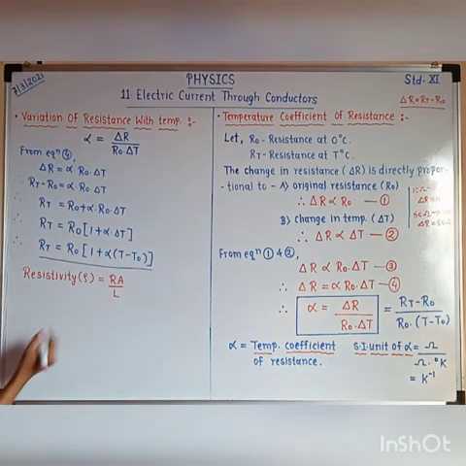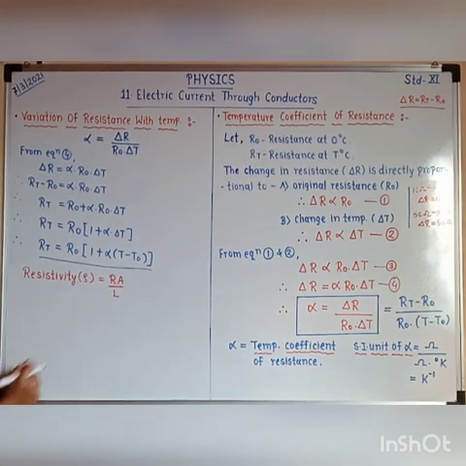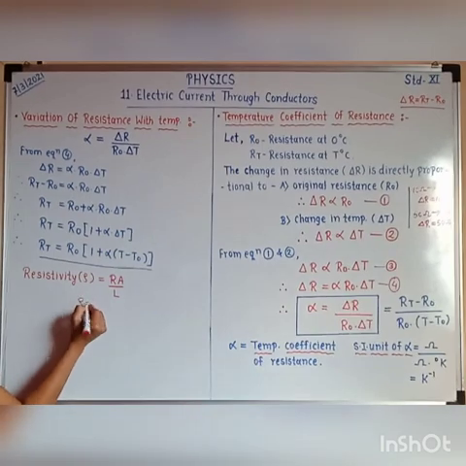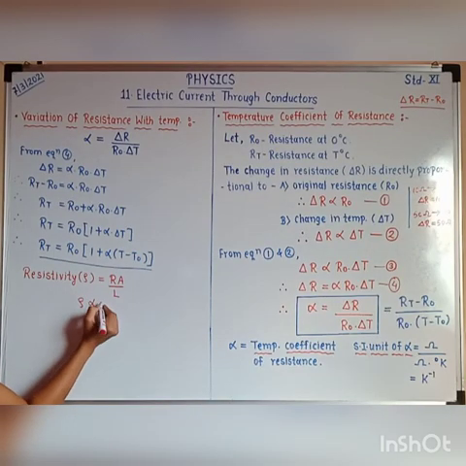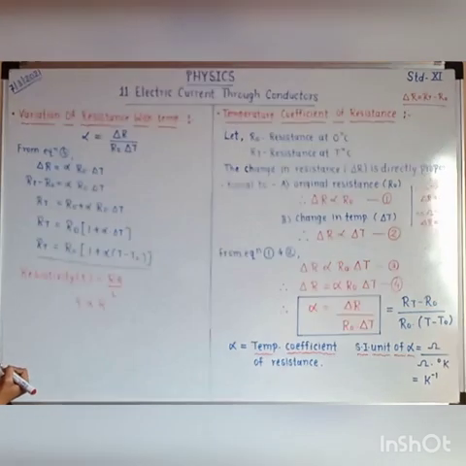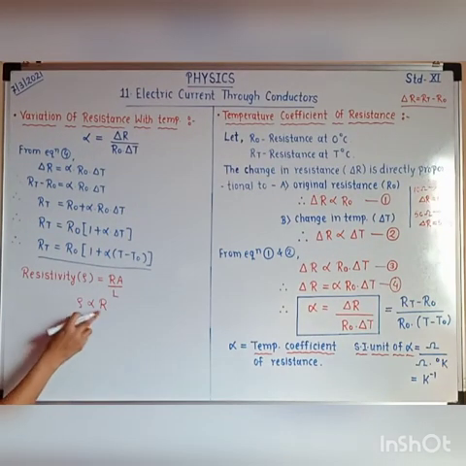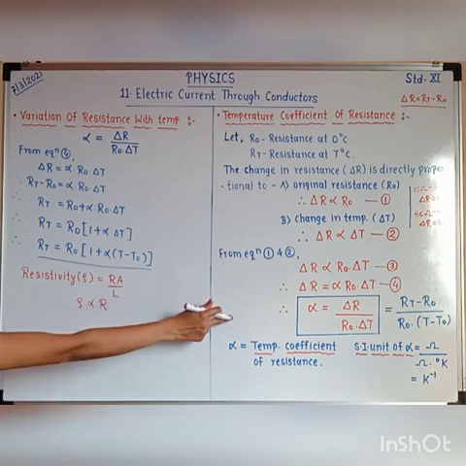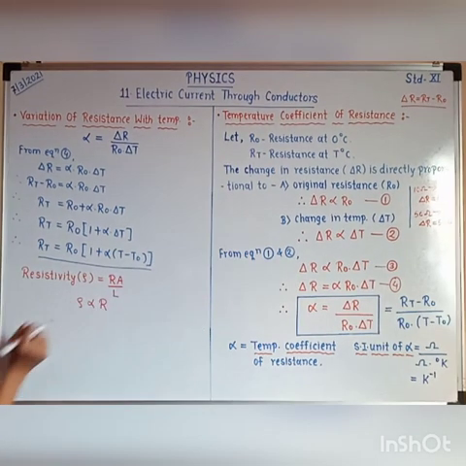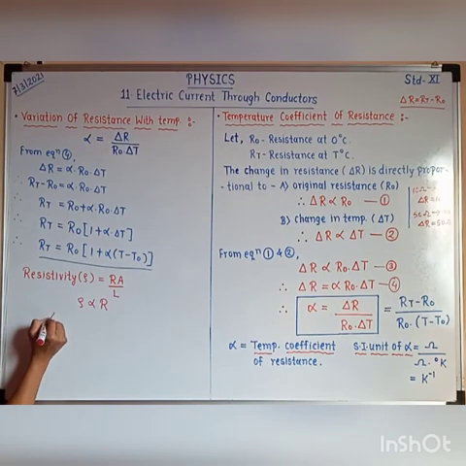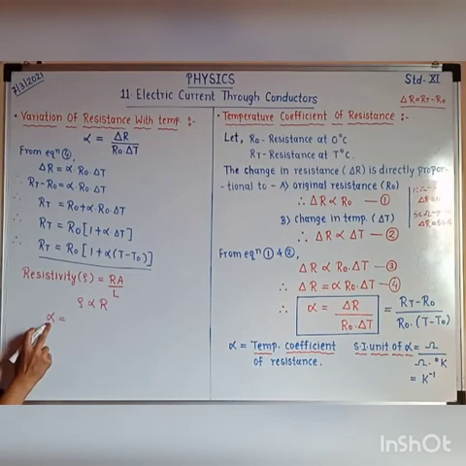So from the above equation we can write that the resistivity of the material is directly proportional to the resistance of the material, so this rho is directly proportional to R. So from this equation we can write the temperature coefficient of resistivity.